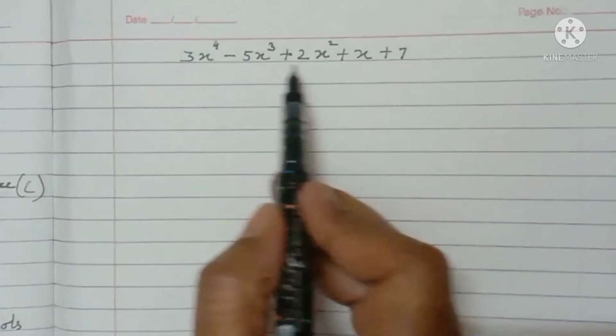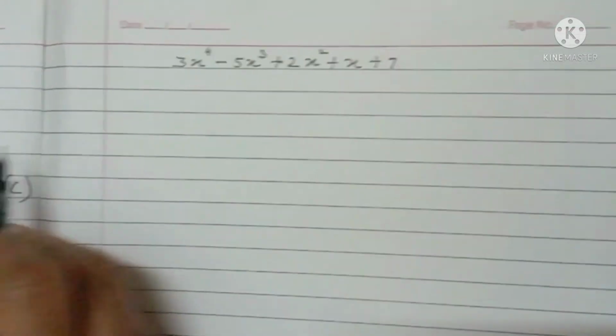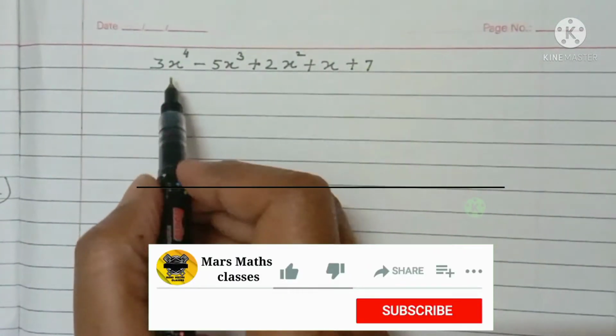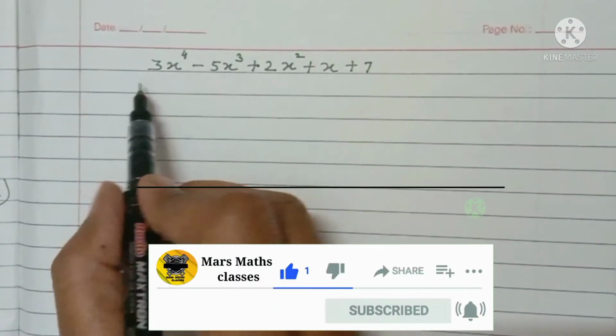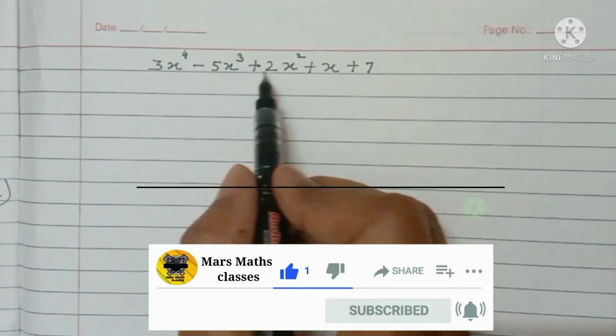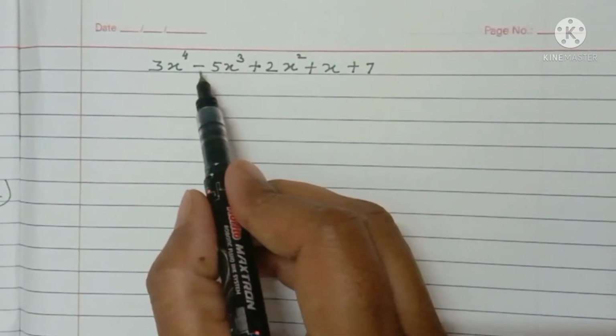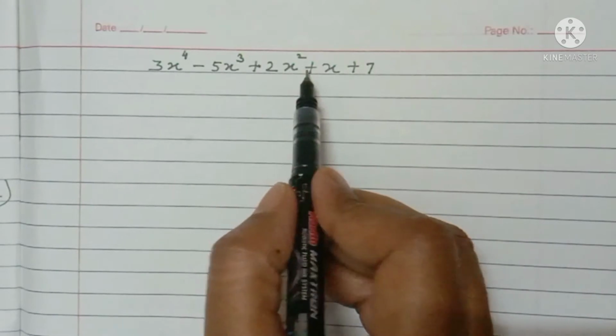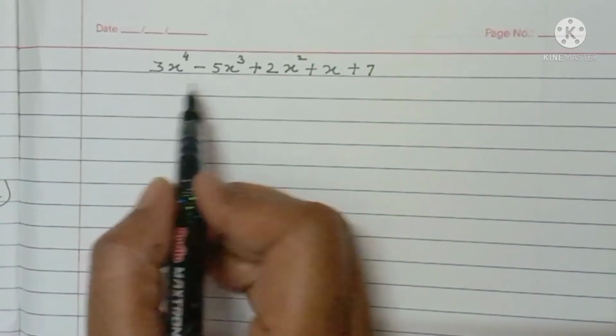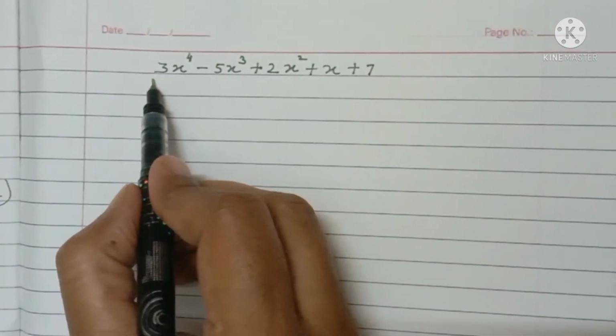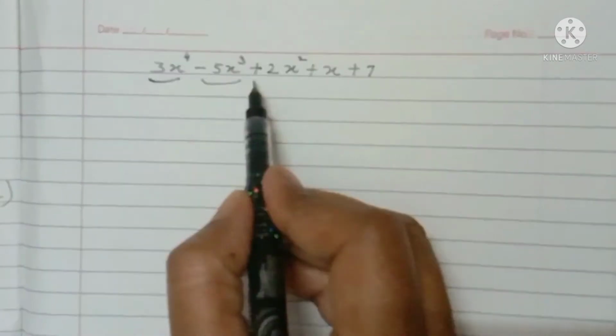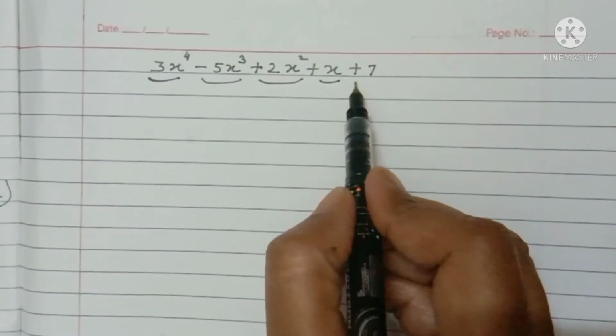This is a polynomial, and here the terms are linked with signs: plus, minus, plus, plus, etc. So here the terms are 1, 2, 3, 4, 5.